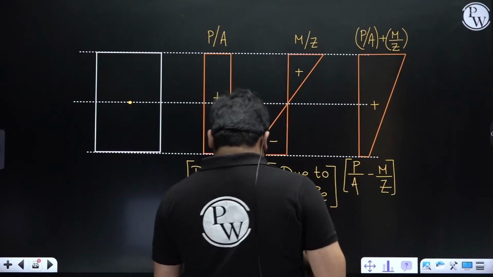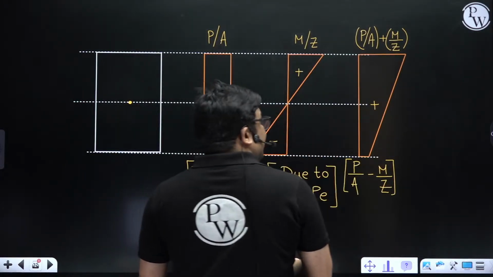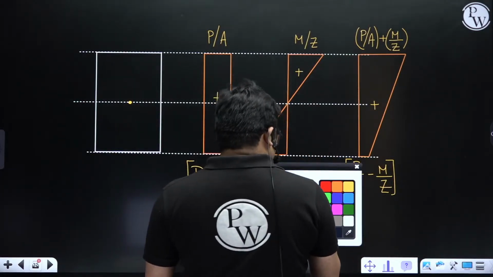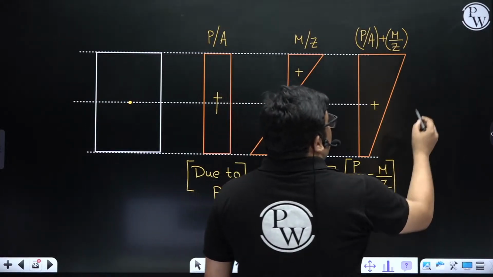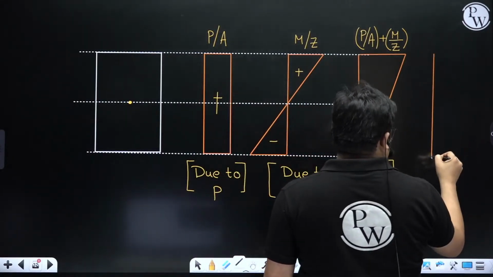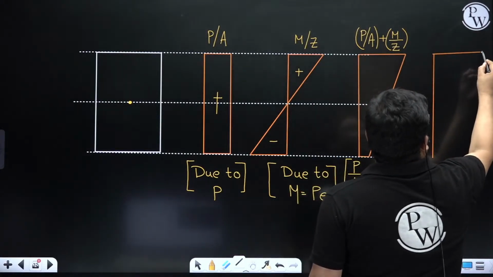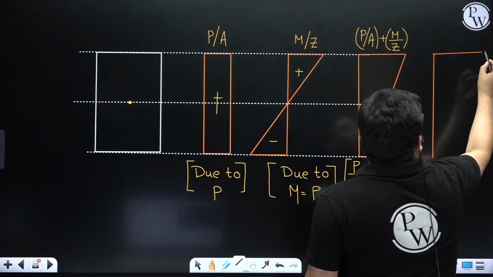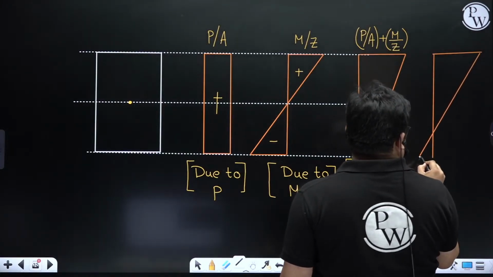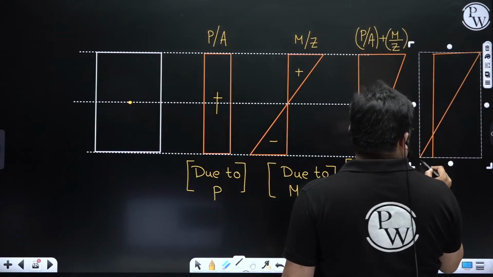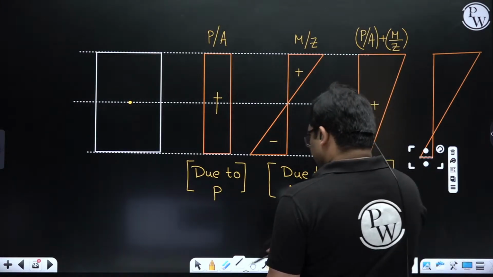But there is a chance that I might get negative also. I might get something like this distribution also, I might get negative, or I can say it might get tension.